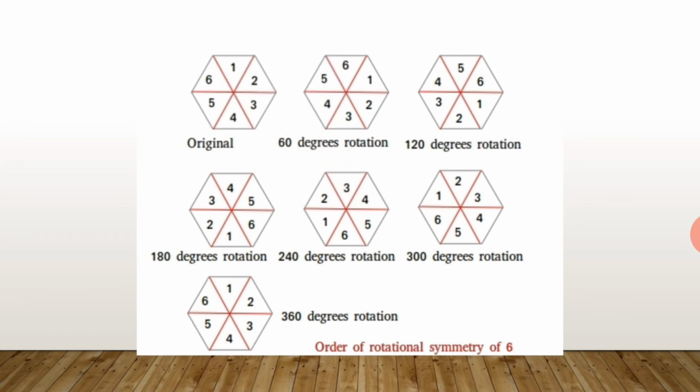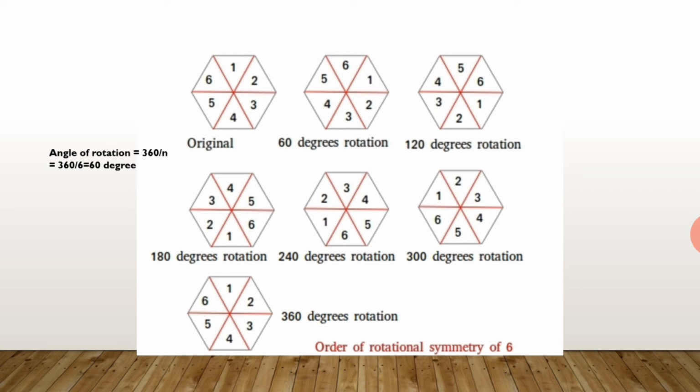See here how we are finding the angle of rotation and order of rotational symmetry of a hexagon. What is the formula for calculating the angle of rotation? It is 360 by n. So 360 by how many sides does a hexagon have? 6 sides. So 360 by 6 gives 60 degrees. Look at the original image.